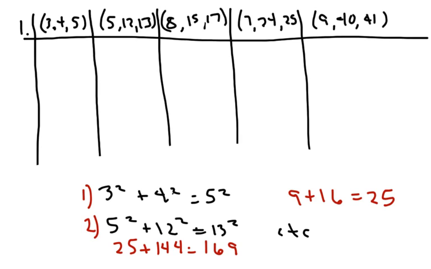Now the Pythagorean triples go on infinitely. So if we do another row here, all we're going to do is multiply each of these numbers in the top row by 2. So for 3, 4, 5 we get 6, 8, 10. For this one we're going to get 10, 24, 26.